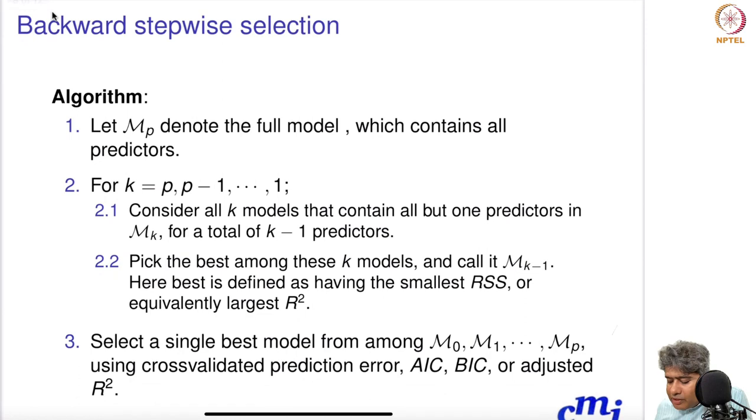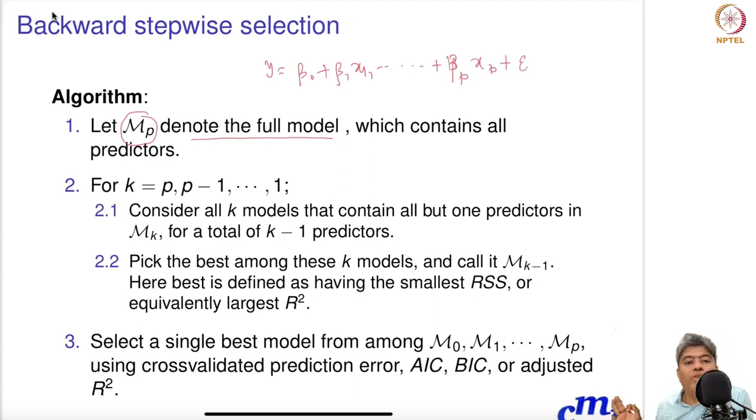Then another algorithm is backward stepwise selection. It starts the opposite way from forward stepwise selection. It starts with Mp, which denotes the full model. So it will first fit beta naught plus beta 1 x1 plus dot dot dot plus beta p xp plus epsilon, a model with all features.